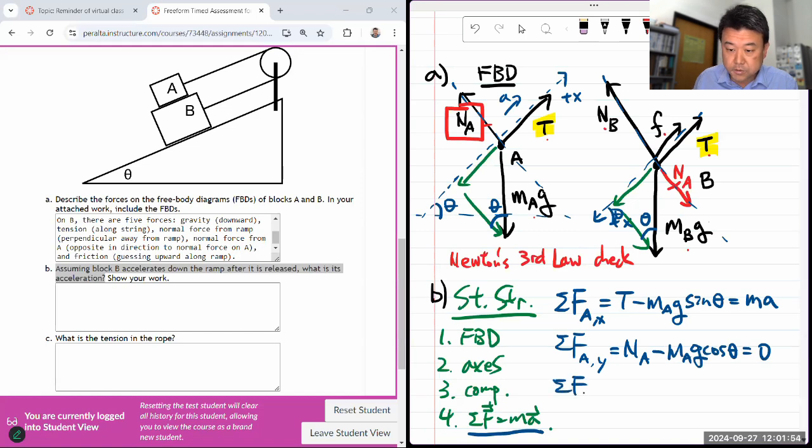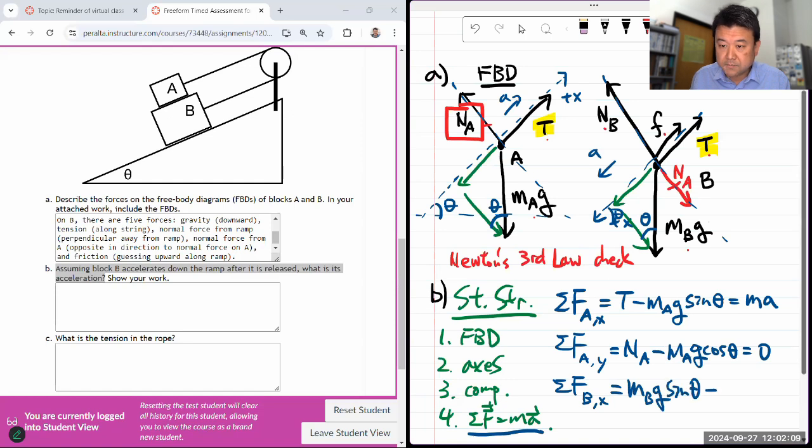I need the net force on B along x. This time gravity is positive, because this is my direction of acceleration that I'm setting as positive. So opposite side, m_B g sine theta minus, you've got 2 forces opposing it, tension minus the friction force, is equal to m_B times acceleration.